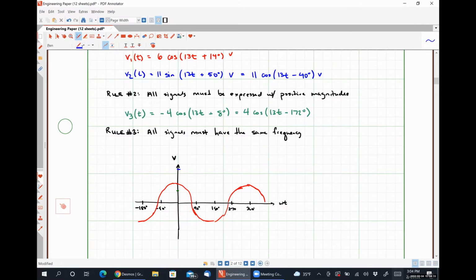V2 has an amplitude of 11 and negative 40. So its positive peak is going to be something like around here. So let me just try to draw this as least crappily as possible.